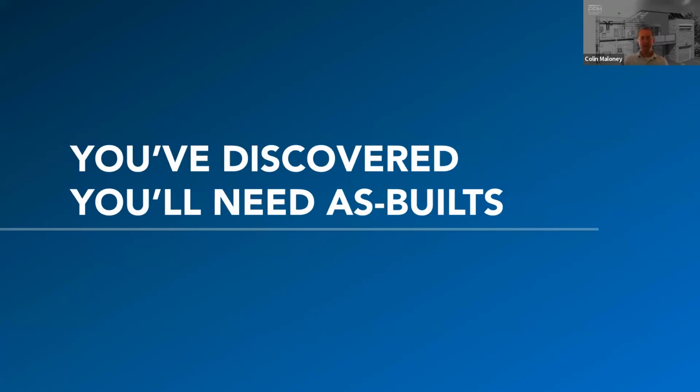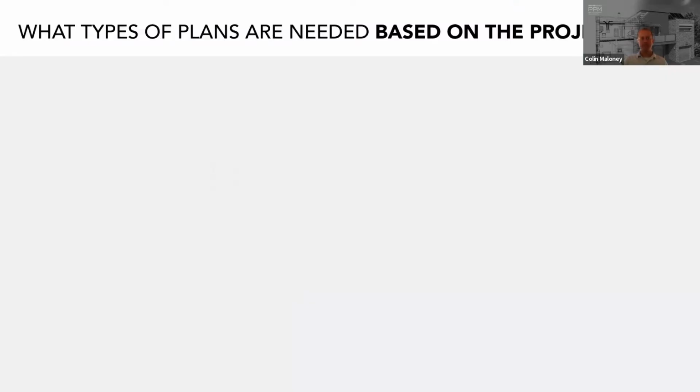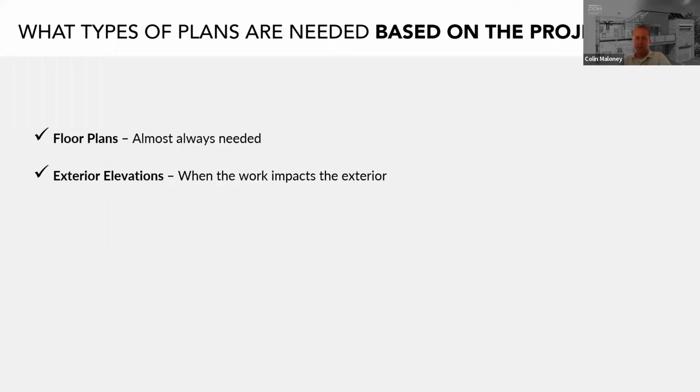So you've discovered you'll need as-builts. How far or in how much detail do you need to go? So above are some examples of plan types and when they're needed in your as-built set.